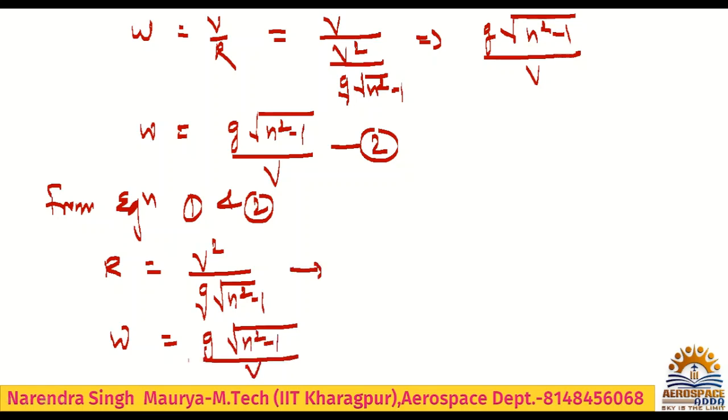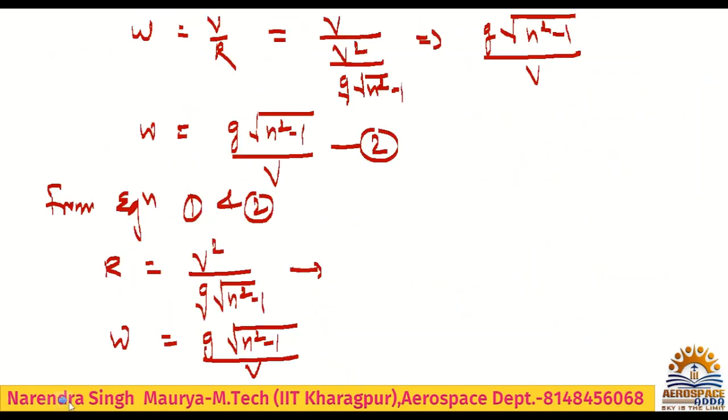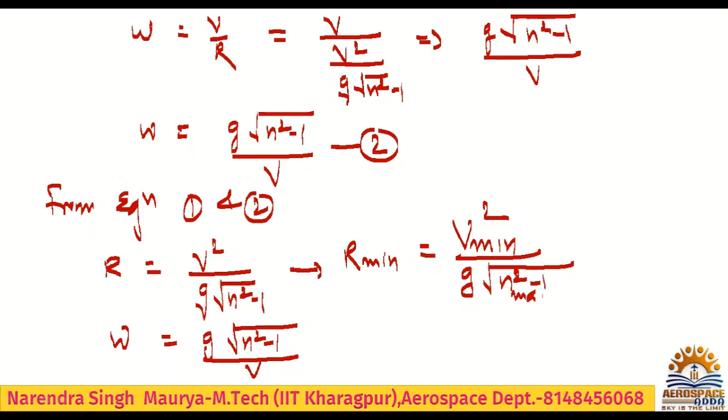Now check. Because rate of turn and turn radius both you got, maximum turn rate and minimum radius. I will write minimum radius first. If you want to write r min, you will have minimum velocity divided by g root of n square minus 1, but this n should be max. Then only you will get r minimum.